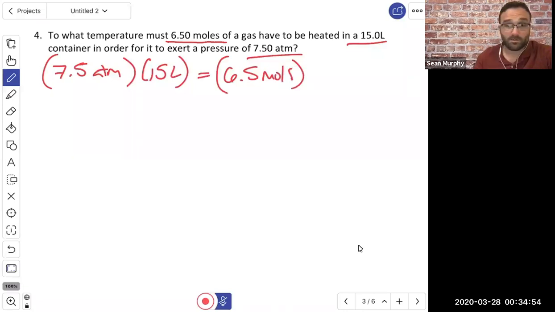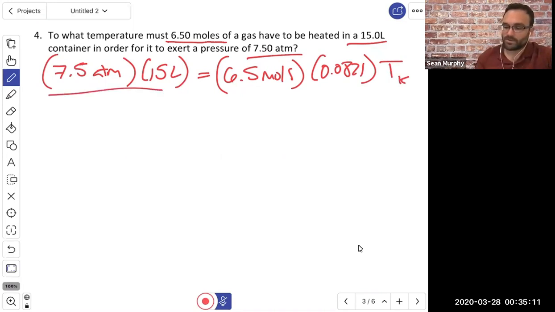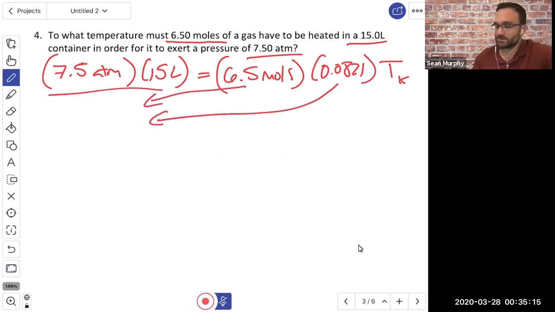The R that we're going to use is 0.0821. And then at what temperature? Remember, the answer is going to be in Kelvin. All right, so how do we get T by itself? We've got to move these downtown, Charlie Brown.